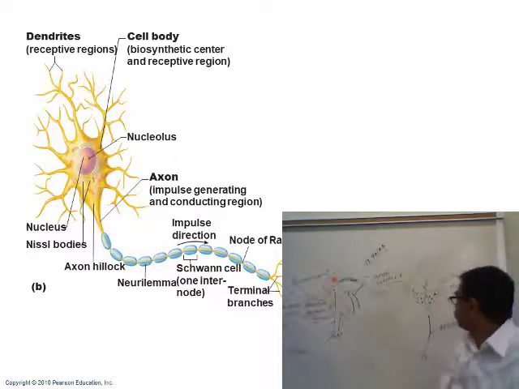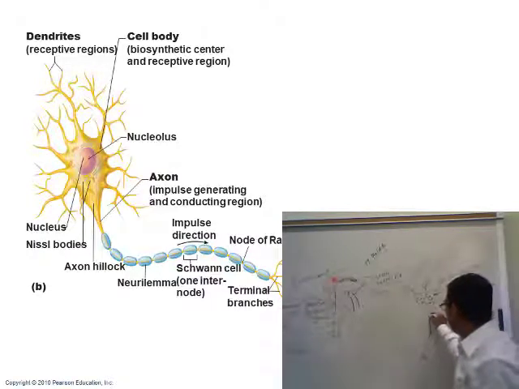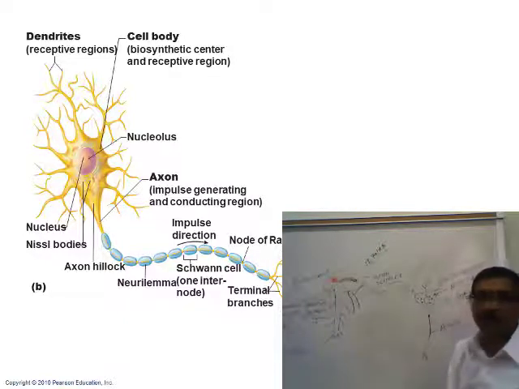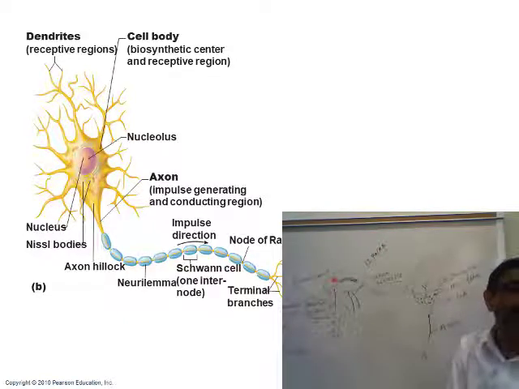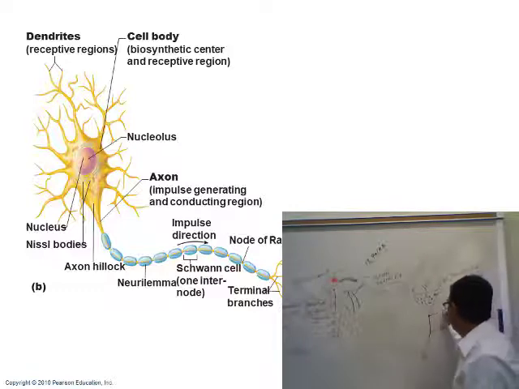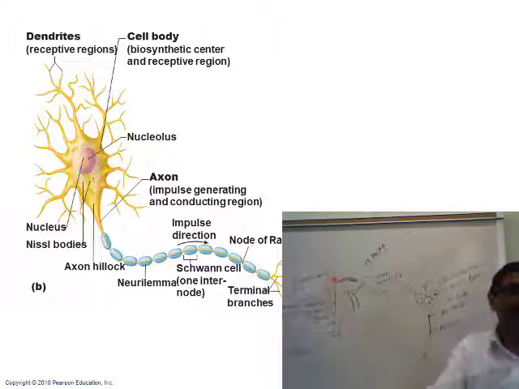And the area of the cell body from where the axon arises, that is called the axon hillock. Axon hillock is the area from where the axon arises in the cell body.